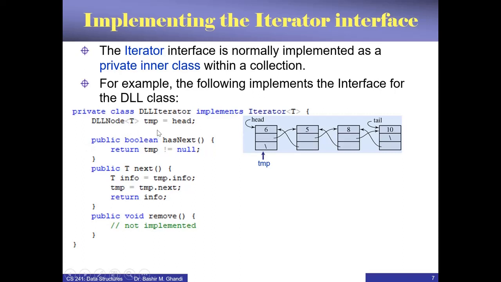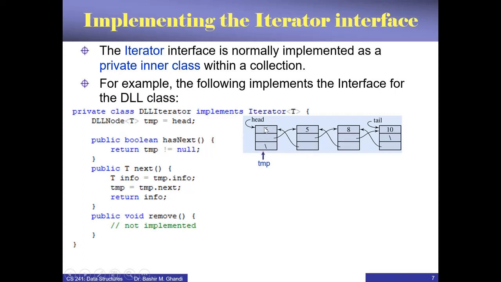What about the next? Remember what we said about what the next method is supposed to do. The next method has two functions. First, it's supposed to give you the current element, the info, being referenced by temp. But at the same time, it should move temp to the next.